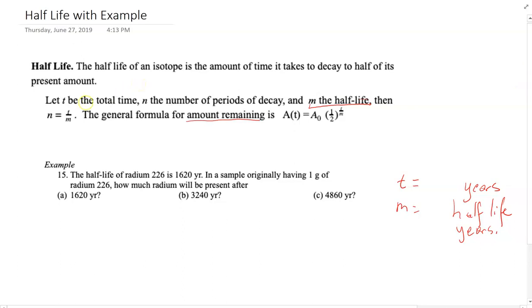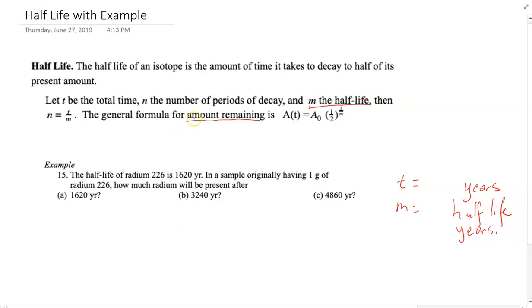So if we let t be time, n be the number of periods of decay, and m be the half-life, then based on what we were doing before, the exponent n is equal to t over m.